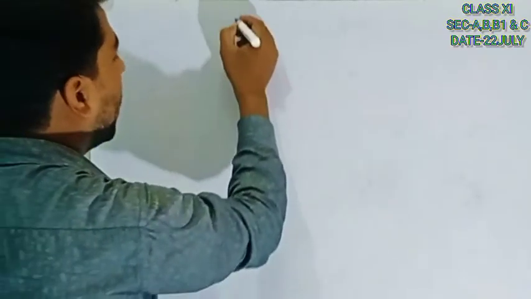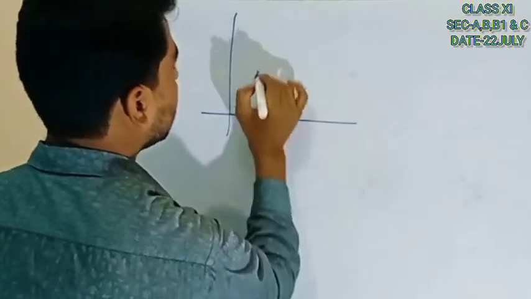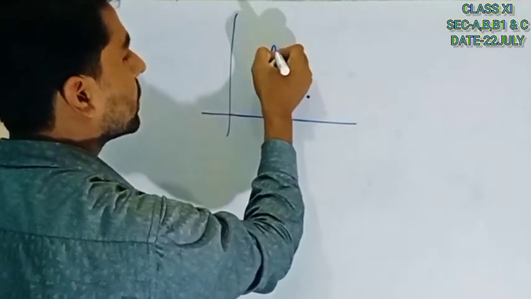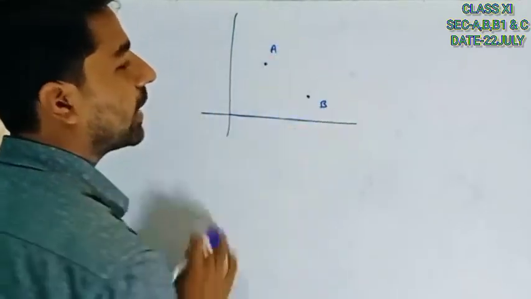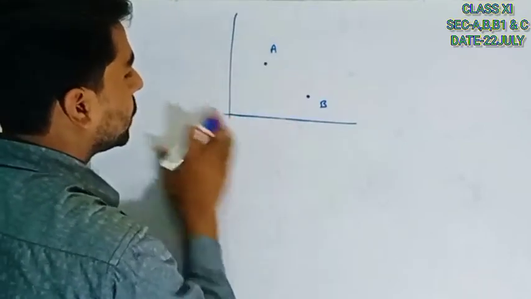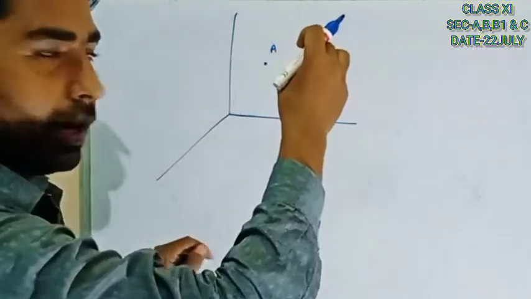Suppose on the Cartesian system, I'm talking about these two points A and B. This point is A and this point is B. For point A, I'm talking not only about two axes, I'm talking about the z axis also, somewhere outside the board.